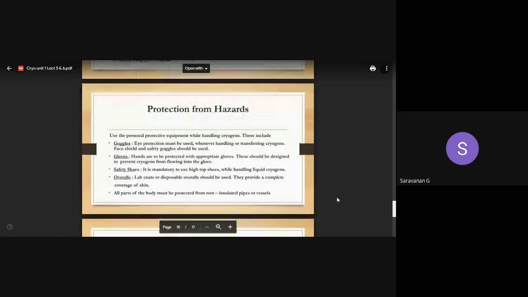So how to protect? As we discussed, we have different hazards: oxygen enrichment, oxygen deficiency, material embrittlement, fire hazards, explosion. We have different hazards due to various reasons with respect to the low temperatures and the material we are using, how the supply system or braking system occurs, and what stresses form due to excessive pressure.